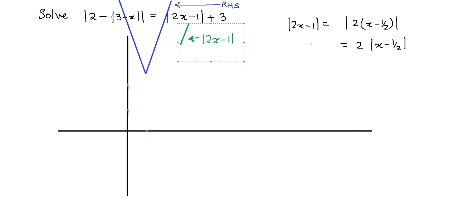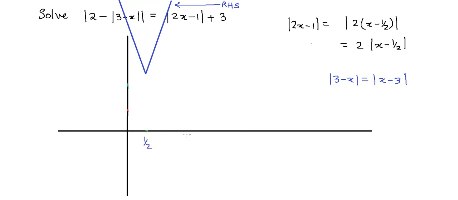Yeah, we can erase this whole thing. So on the left hand side what we have is absolute value 3 minus x, which is actually the same thing as absolute value x minus 3. So what is absolute value x minus 3? It is the standard V-shape absolute value graph but centered at 3.